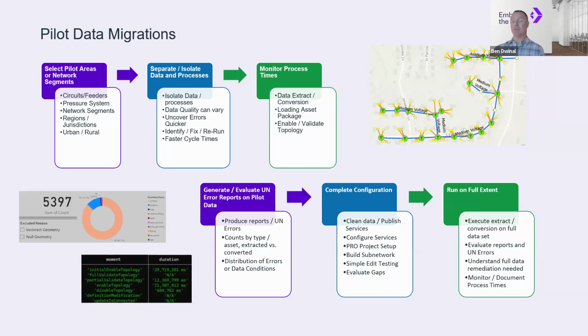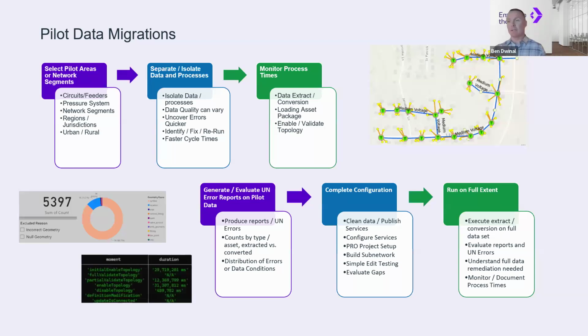How long does it take to translate it into the UN model with our automated routines? Those are things that we need to know. How long does it take to load the asset package or enable topology? Those are key factors for planning our release down the line. So we're going to want to make sure we isolate so we can capture metrics.